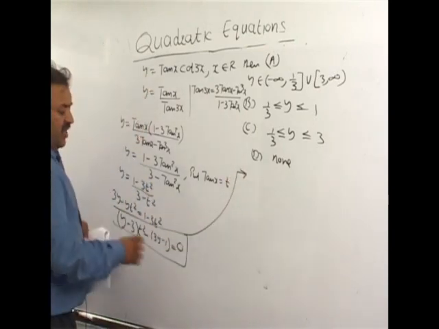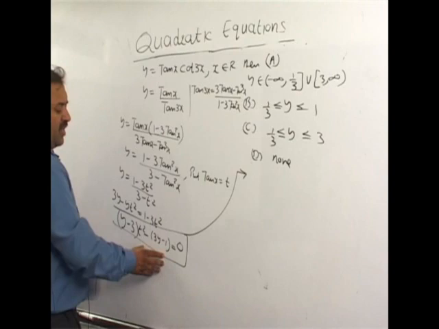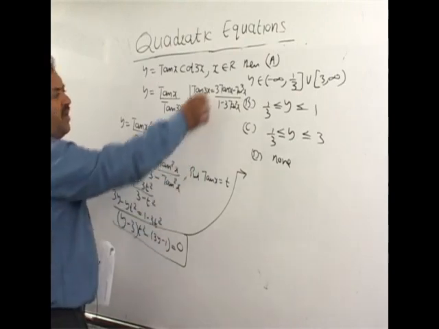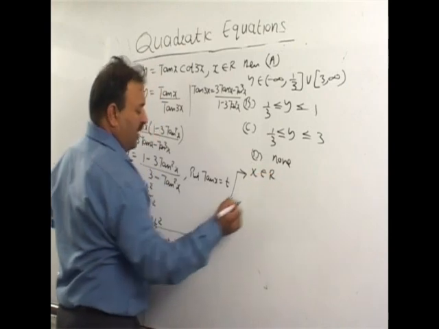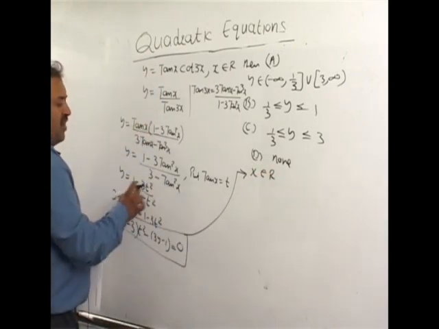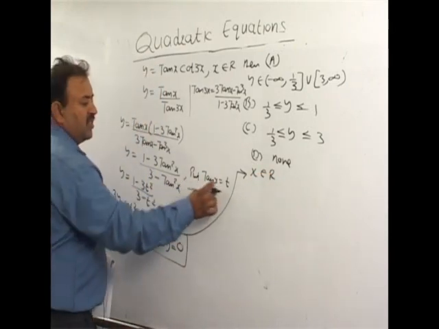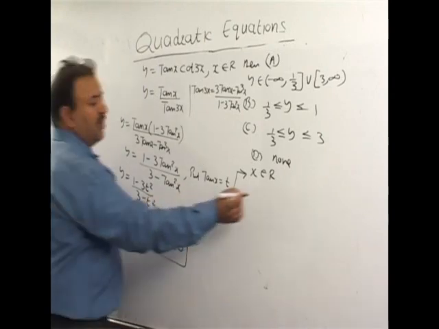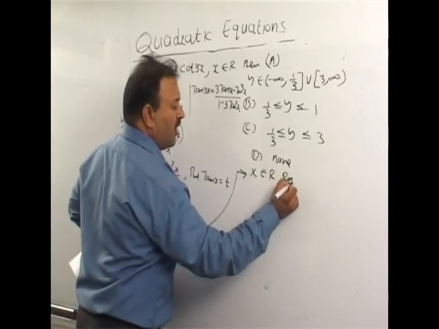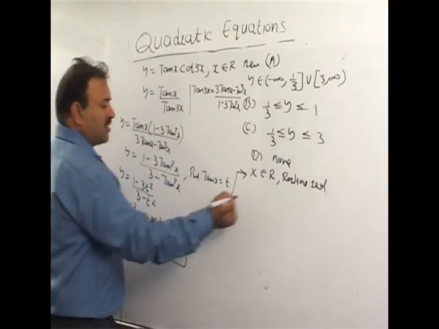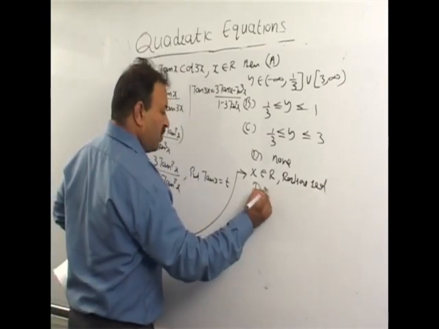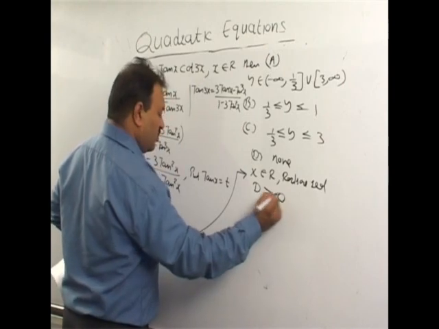See here, similarly to the question we have done earlier, here x belongs to R. X belongs to R means, with t equal to tan x, the roots are real. Roots are real means discriminant should be greater than equal to 0.